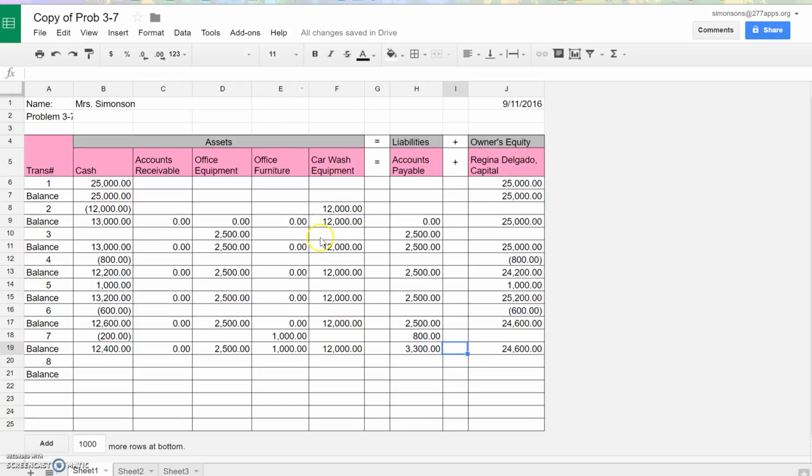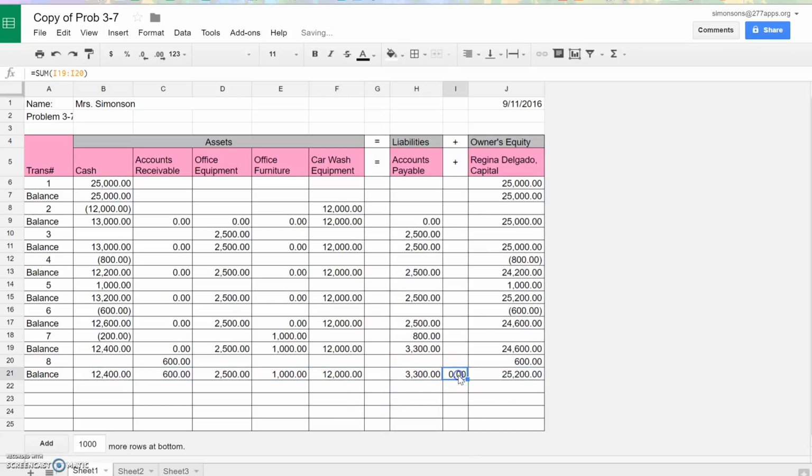So to put that transaction in, I'm going to come over here to accounts receivable going up $600, and my revenue is also going up, increasing capital. I'm going to take this formula right here and copy it and paste it down here and pull it across.